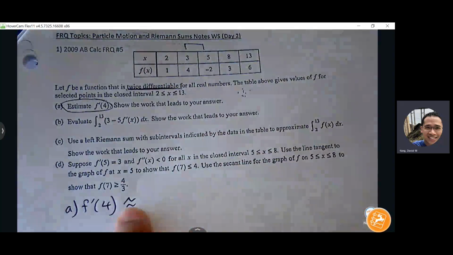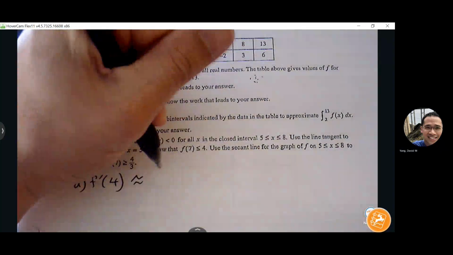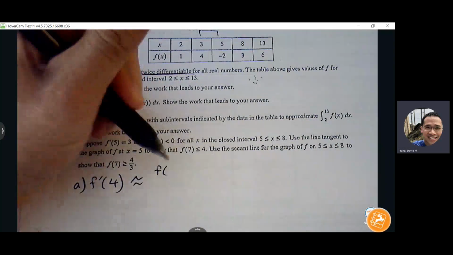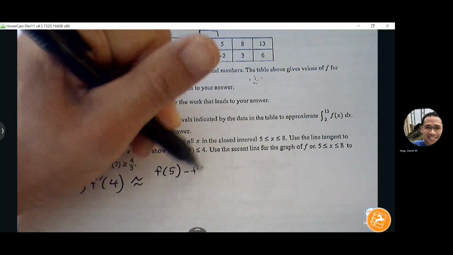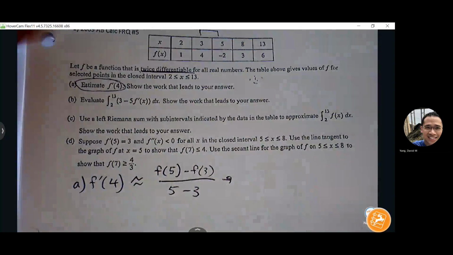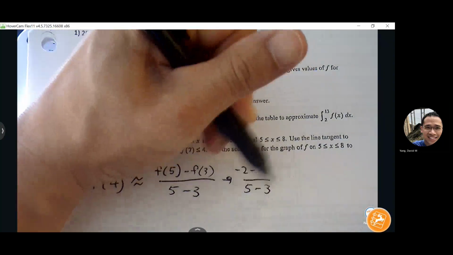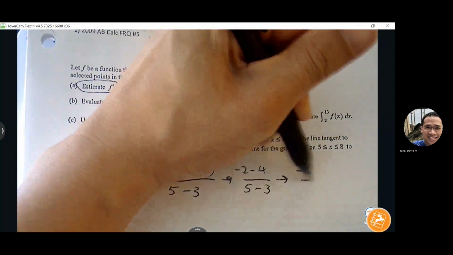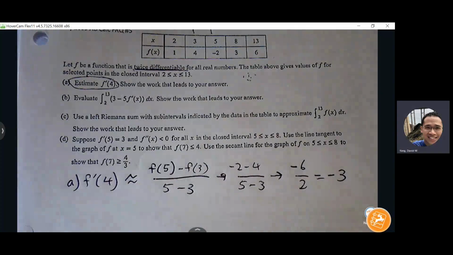Estimation, so you can use a squiggly line to indicate we don't know the exact slope, but we can estimate based off of the data that is provided. So change in y over change in x. They didn't provide any units, so we don't have to indicate any units.